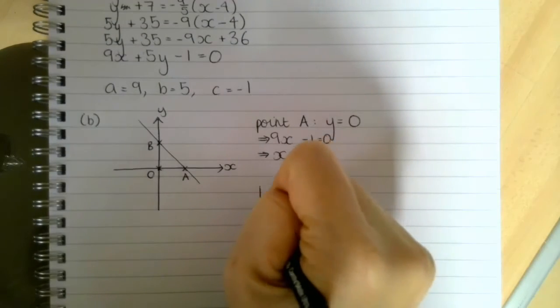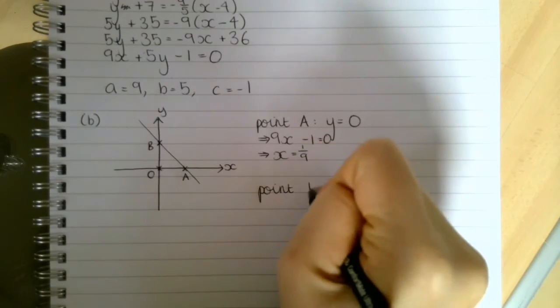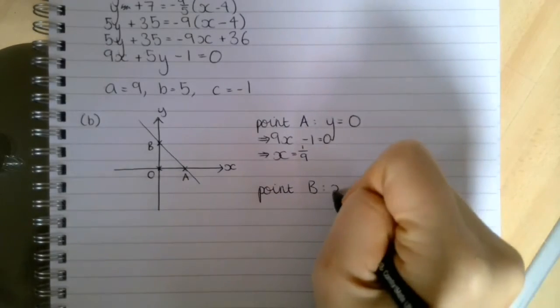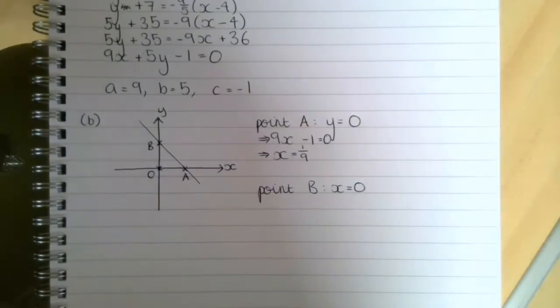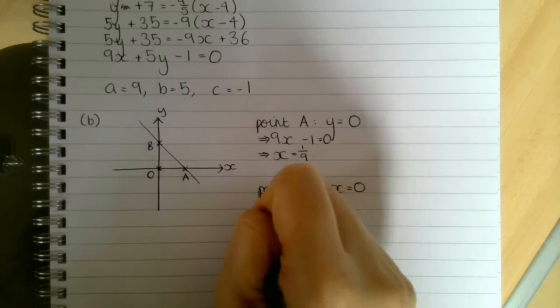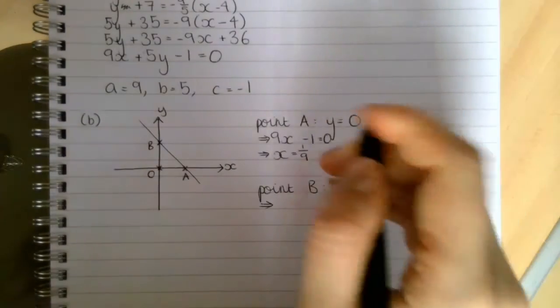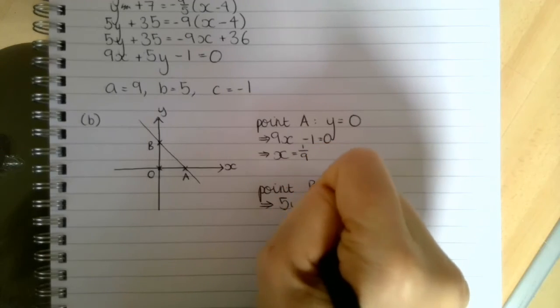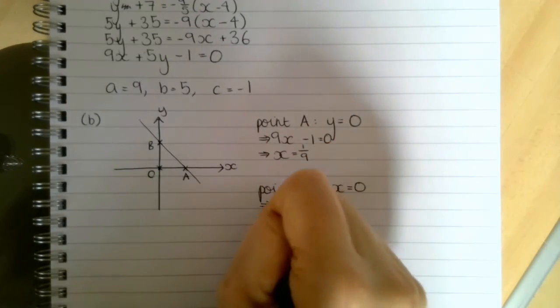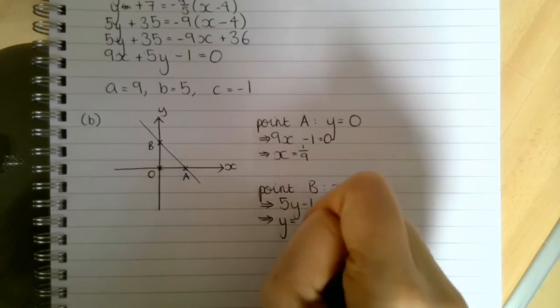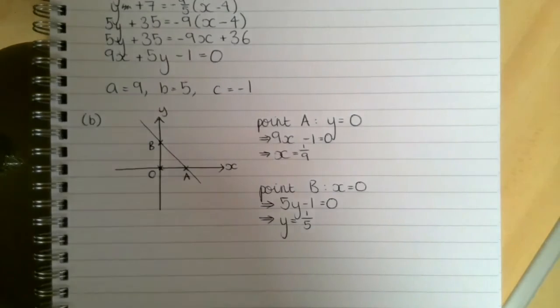For point B, we've got that x is equal to 0. So we're going to substitute that into our equation of the line, which we found in part A. So we've got 5y subtract 1 equals 0, and so y equals 1/5.